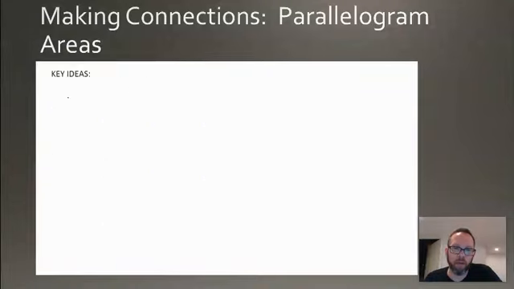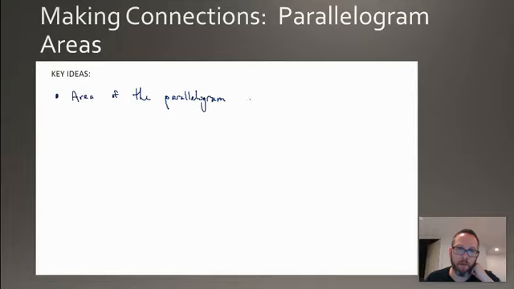So 2 key ideas for you here. One is what we just showed, the area of the parallelogram formed between 2 vectors, say u and v, is just the magnitude of the cross product between them.